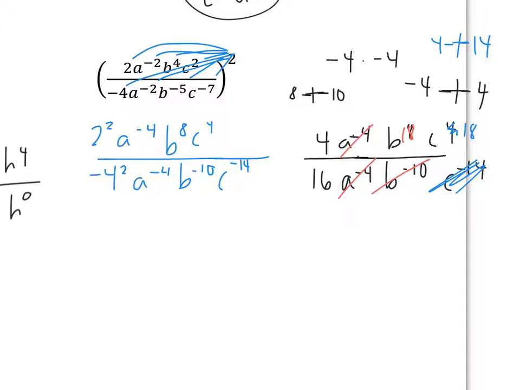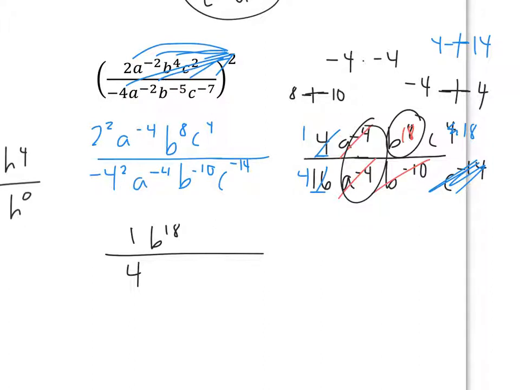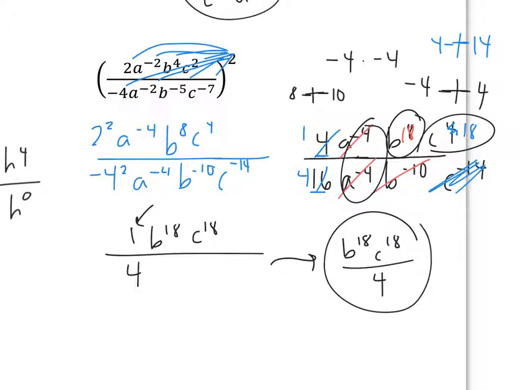Okay, so I have 4 over 16, I'll simplify that, take out a 4, that turns to a 1, 16 turns to a 4. So let's rewrite this, 1 over 4. Okay, I had no a's, right, those canceled out. I have b to the 18th on top, and I have c to the 18th on top. So I could even write this a better way. I don't necessarily need to write that 1, and I could say b to the 18th times c to the 18th all over 4 would be my final answer.